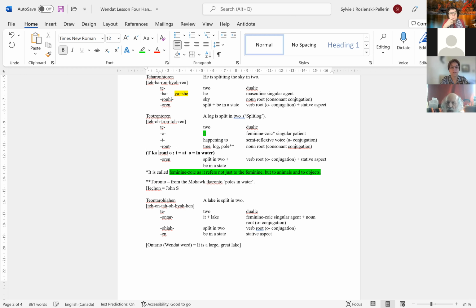And the Rant means tree, pole, or log, and it was referring to the poles that were stuck in the Atherley Narrows because the water flows fast there. And if you put enough poles in, the fish can't get through. So it makes a lovely trap where you can get fish.